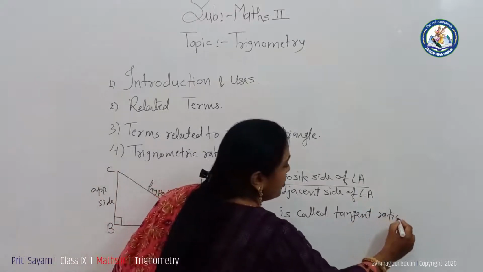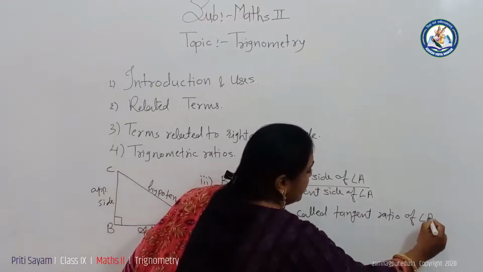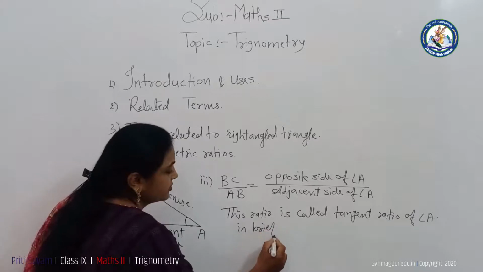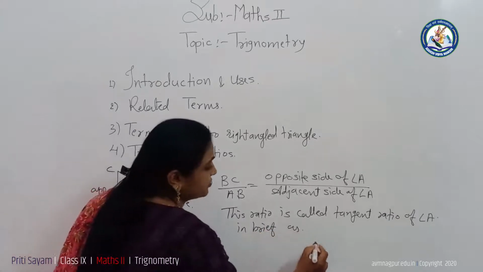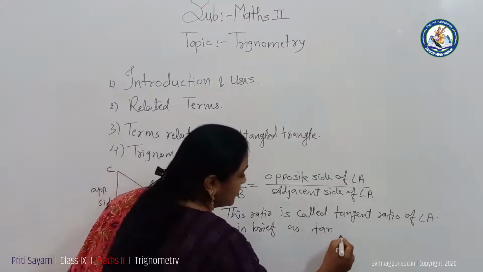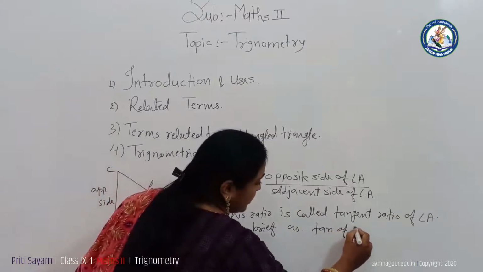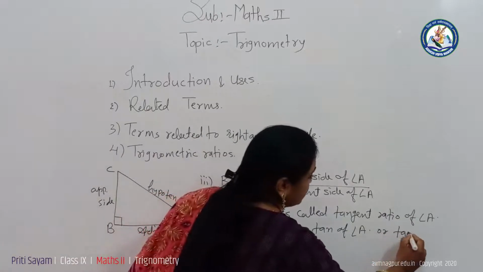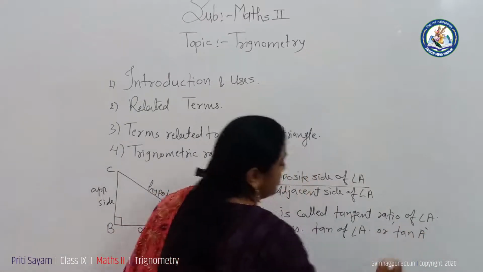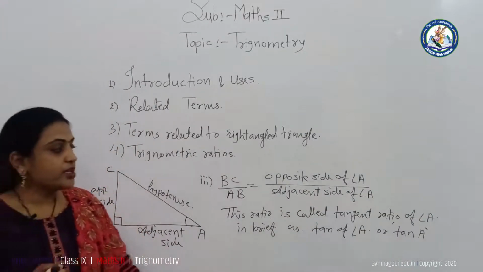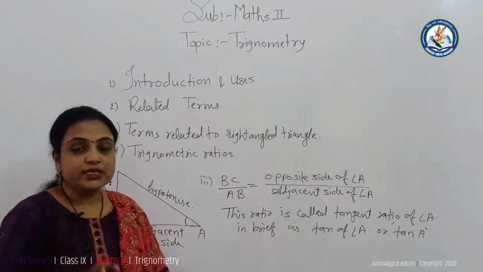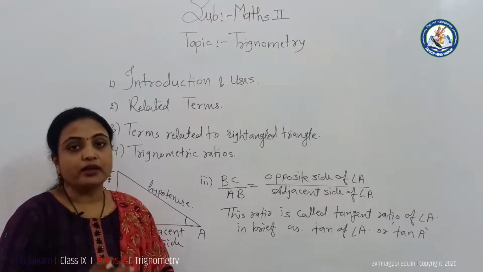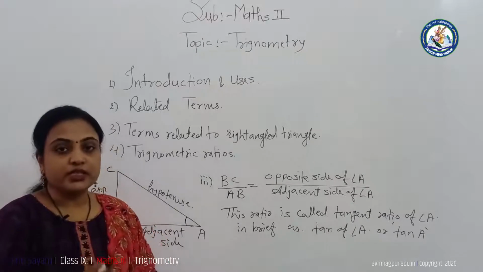Tangent ratio of angle A, or in brief we write it as tan of angle A, or tan A. So the three ratios we have learned, the basic trigonometric ratios, are the sine ratio, cosine ratio and tan ratio, that is the tangent ratio.